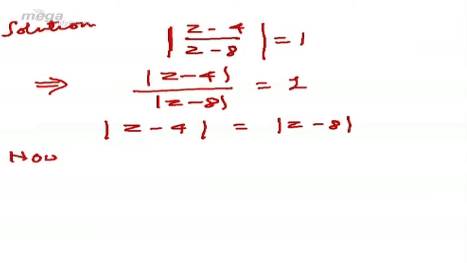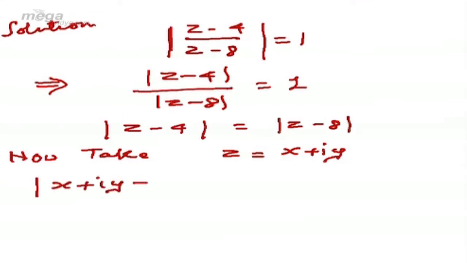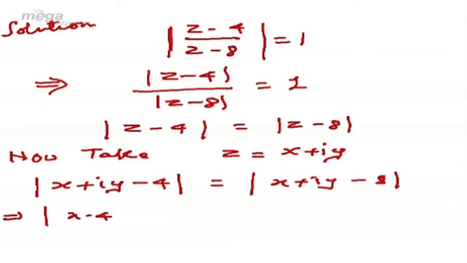Now take z is equal to x plus iy. So z minus 4 becomes x plus iy minus 4, and z minus 8 becomes x plus iy minus 8. It will become mod of (x minus 4) plus iy, where x minus 4 is the real part, is equal to mod of (x minus 8) plus iy.